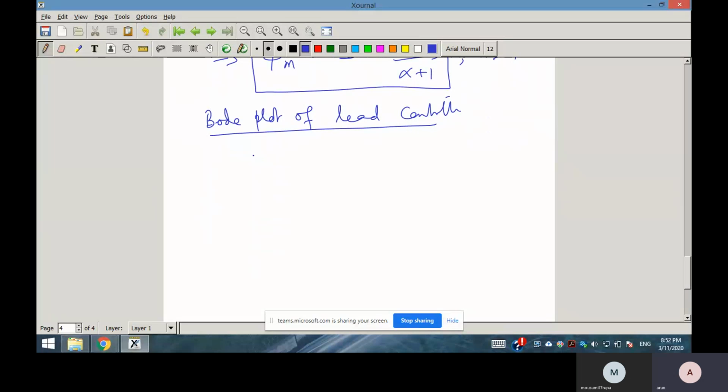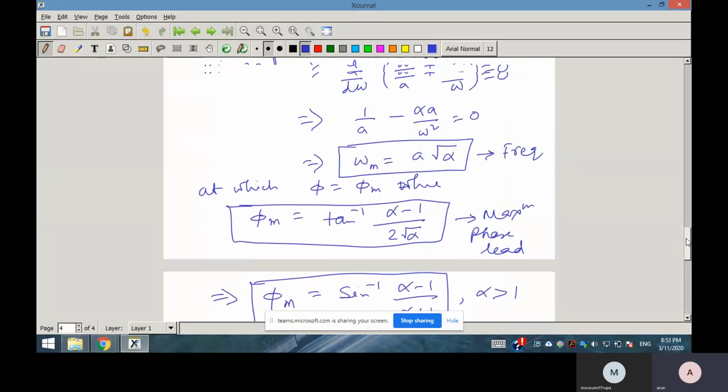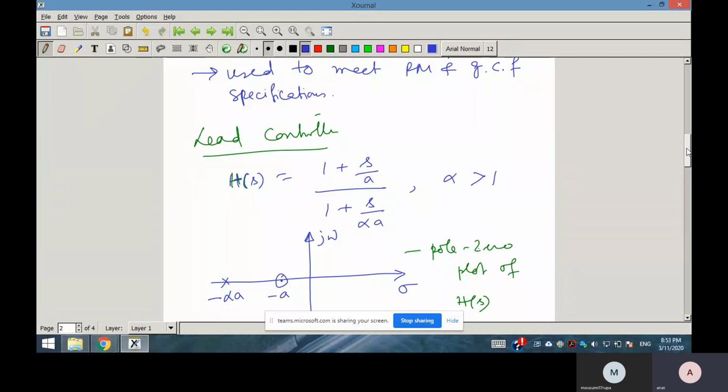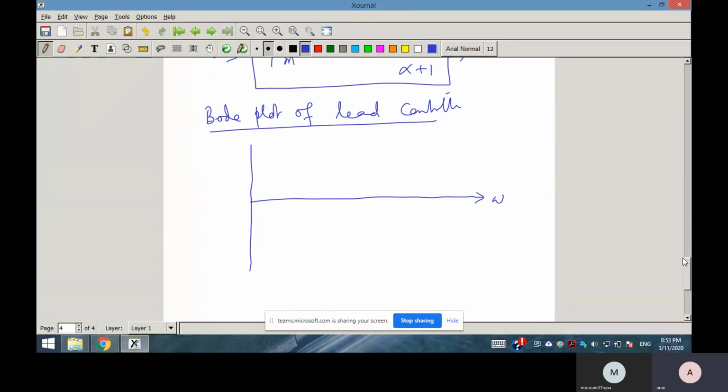From the transfer function, you can easily see there are two frequencies, two corner frequencies. One is omega equal to a, another is omega equal to alpha a. So alpha is greater than 1.